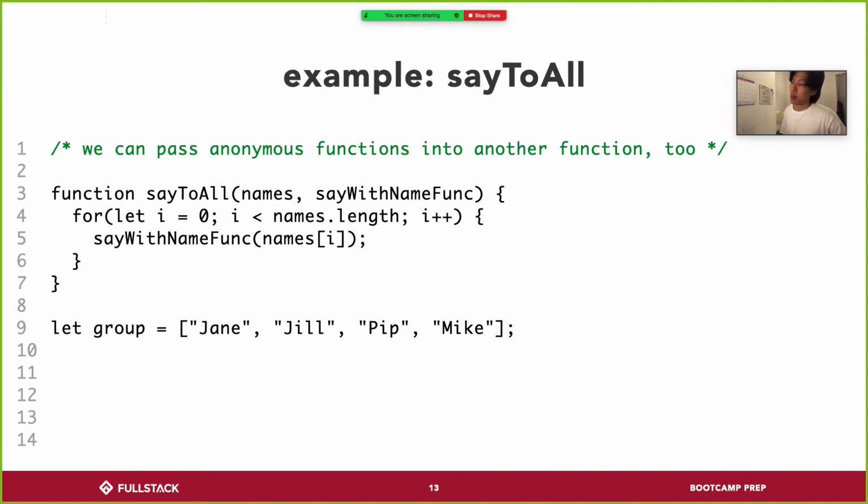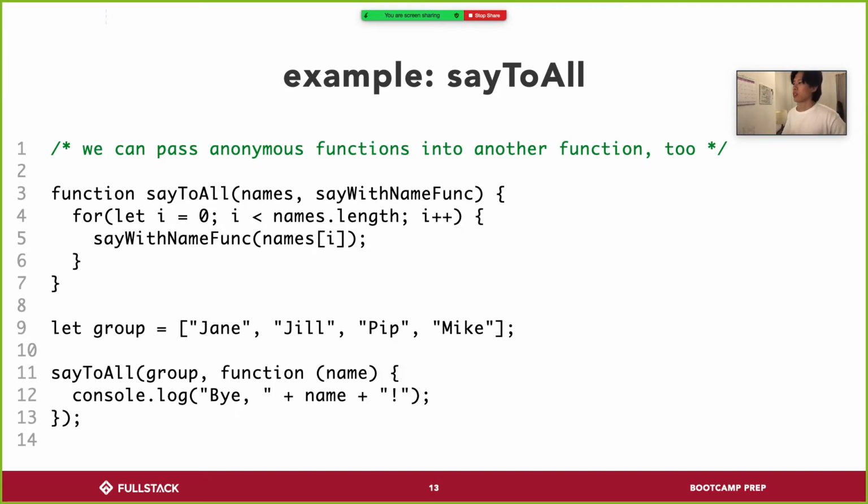We can pass anonymous functions into other functions too. So this is used a lot where it's kind of the same thing as we just saw, except instead of defining the function first, giving it a name, and then passing it in, we're just skipping some steps and defining the function directly in the parameter, and we're not giving it a name.